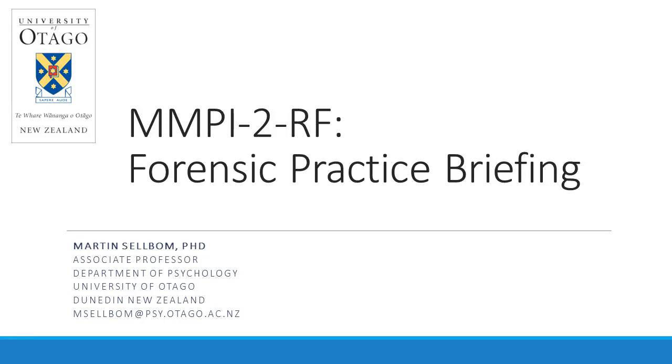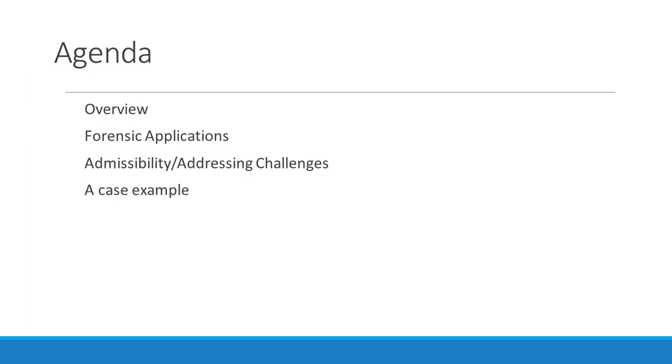As Sharon mentioned, I'm going to talk about using the MMPI-2-RF in forensic psychological evaluations. Obviously, this is a bit of a brief overview since we only have about 1 hour together. I'm going to start out with a brief overview of the MMPI-2-RF, but I assume that you already have some familiarity with the instrument.